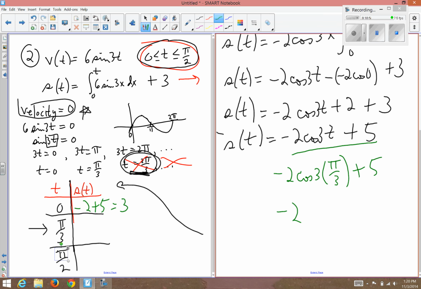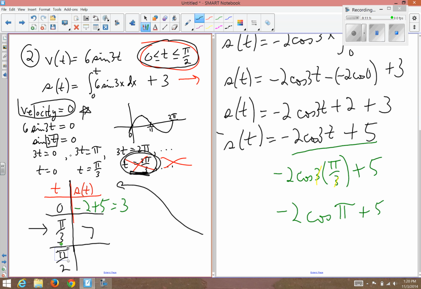That means negative 2 times the cosine of pi, plus 5. The cosine of pi is negative 1. Negative 2 times negative 1 is 2. 2 plus 5 is 7.